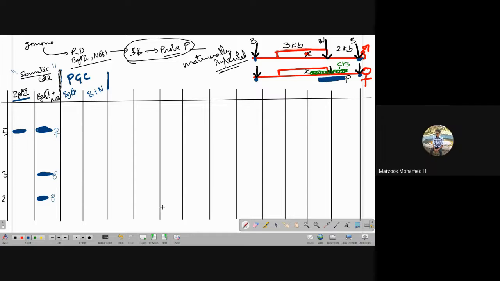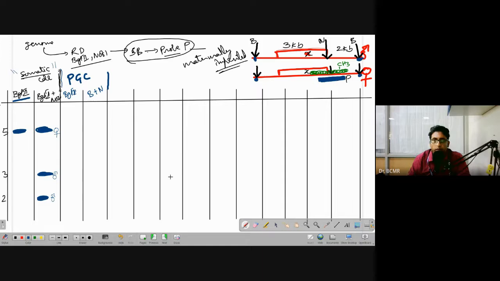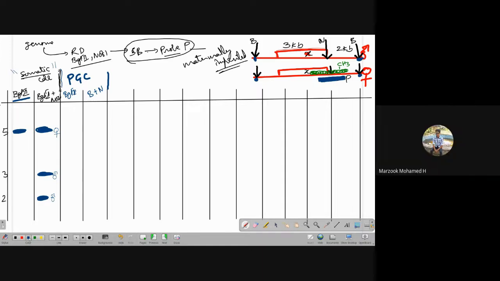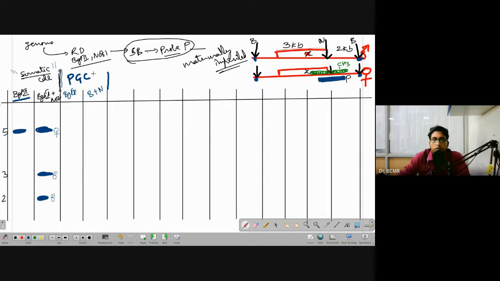Anybody? 2 bands, 3 and 2. Why is that? Because erasure of imprints takes place. That's right. During primordial germ cells, according to the standard model, we have erasure of imprints. That means whatever the green ones that I have written here as methylation is no longer methylated here. So NOT1 will cut here, BGL2 will cut here.